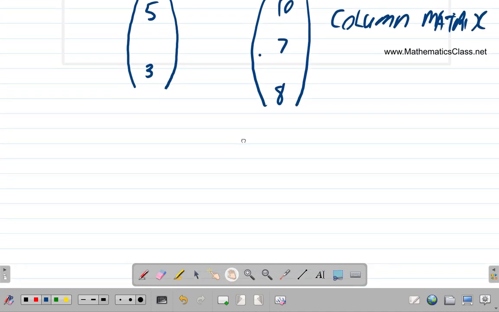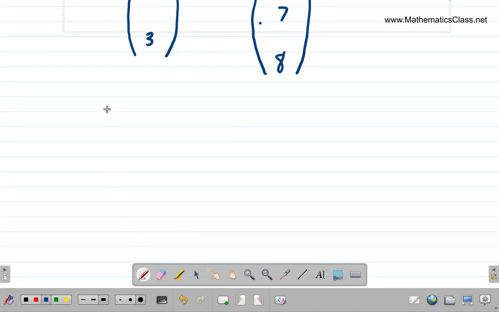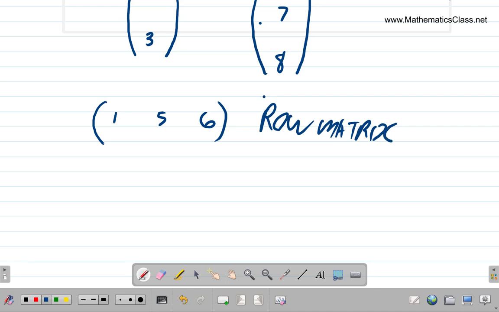Then I'm going to make this matrix 1, 5, 6. What type of matrix do you think that is? Well, if you said it is a row matrix, you would be correct, because this matrix has only one row.